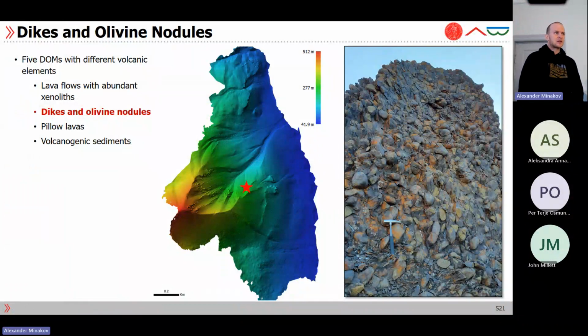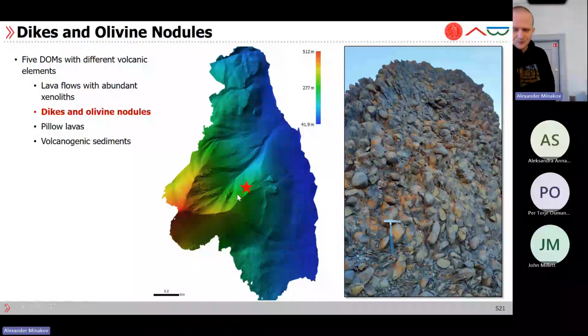But the most fascinating features which impressed us very much during the field trip were these olivine nodules or olivine boulders, which we observe in the central part of the volcano within, let's say, a dike swarm here.